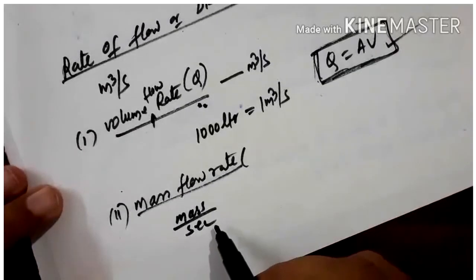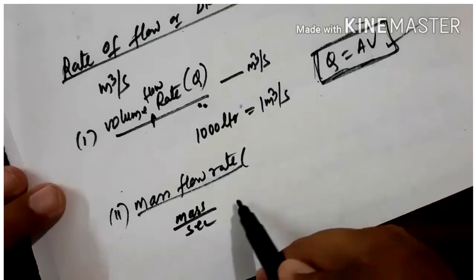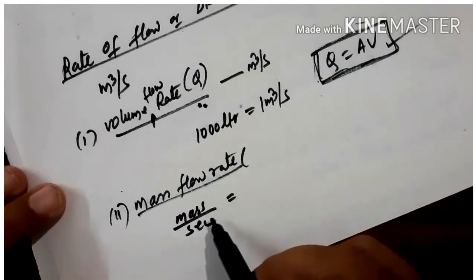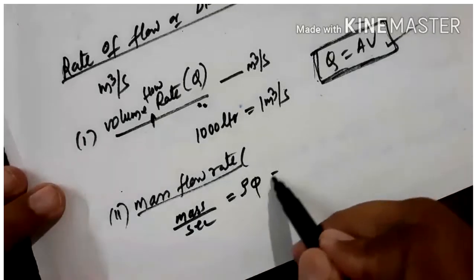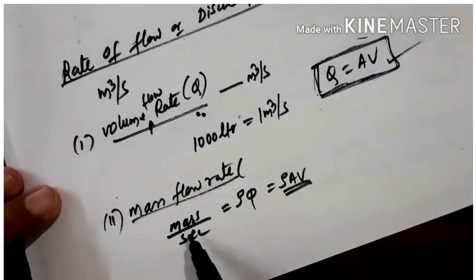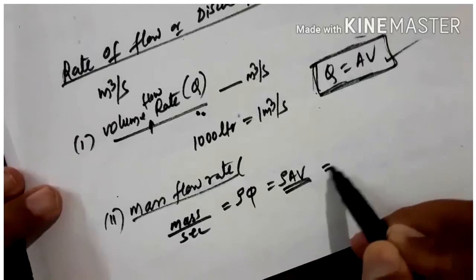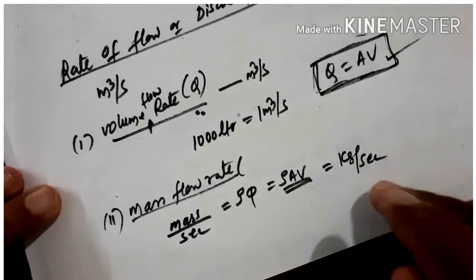This is also called mass flux. It is rho Q, or rho into A into V. This is the mass flow rate, and its unit is kg per second.